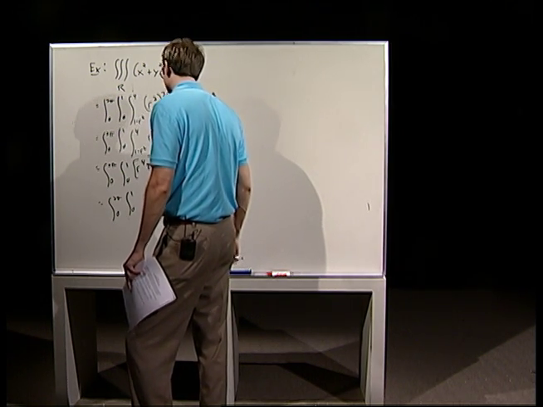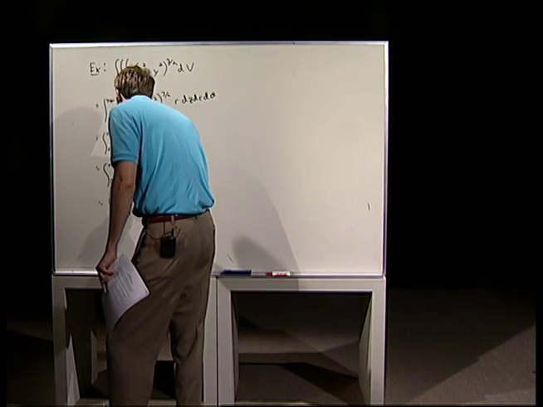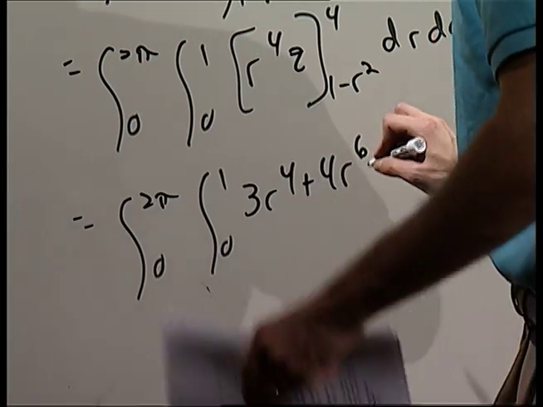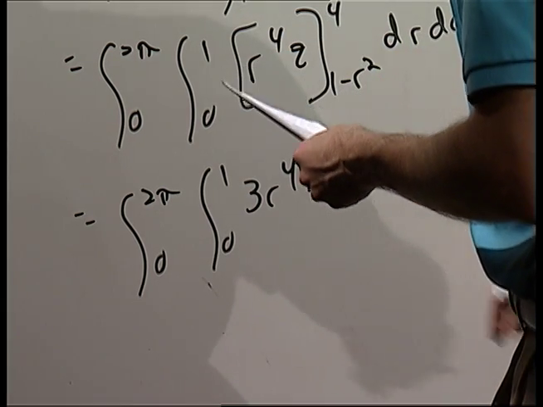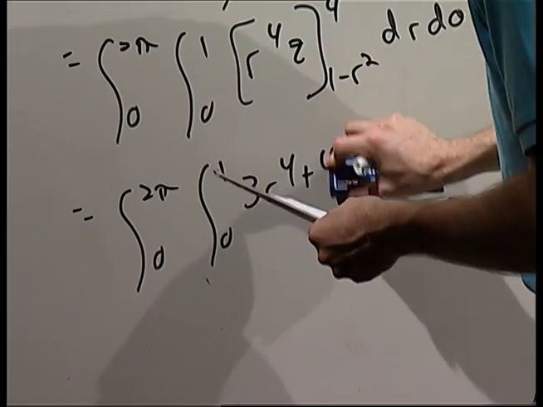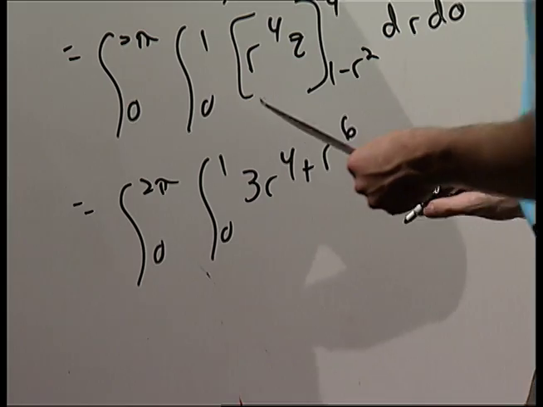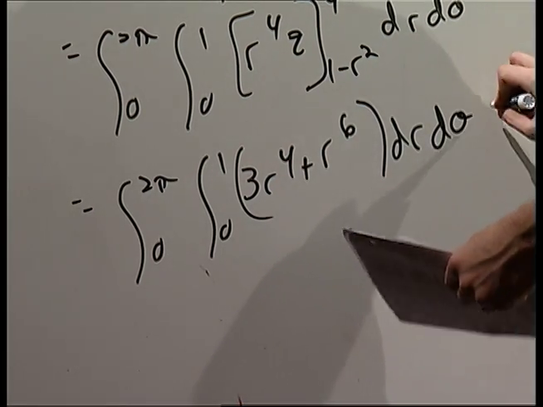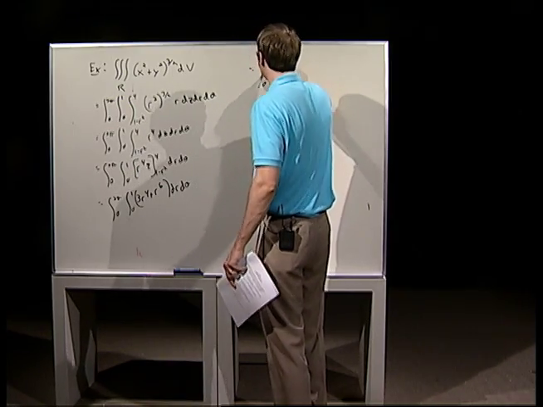So 4r to the 4th minus r to the 4th is 3r to the 4th plus r to the 6th. That looks good. That is done, dr d theta. Come over here. All right, so now 0 to 2 pi.